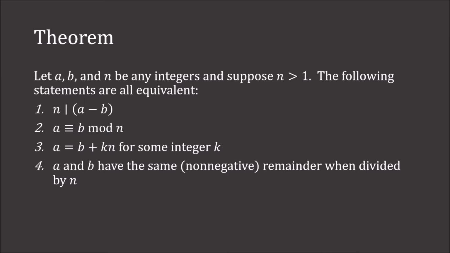The first statement is n divides a minus b. The second statement is a is congruent to b mod n. The third statement is a is equal to b plus kn for some integer k. The fourth, a and b have the same non-negative remainder when divided by n.